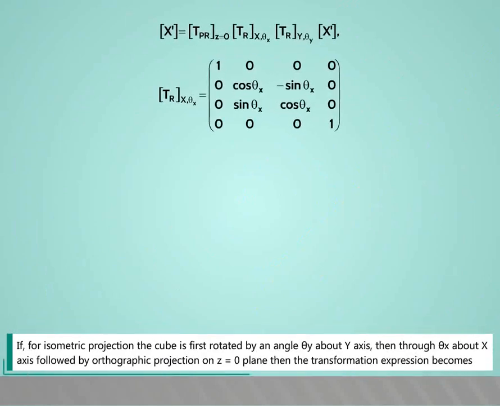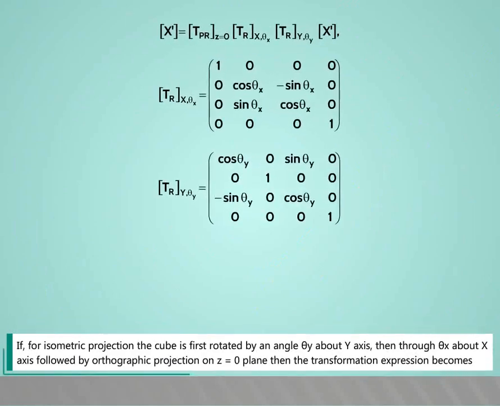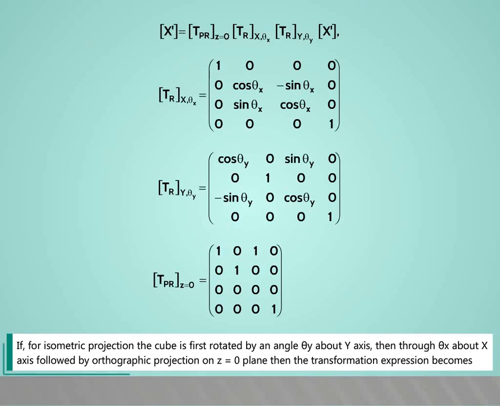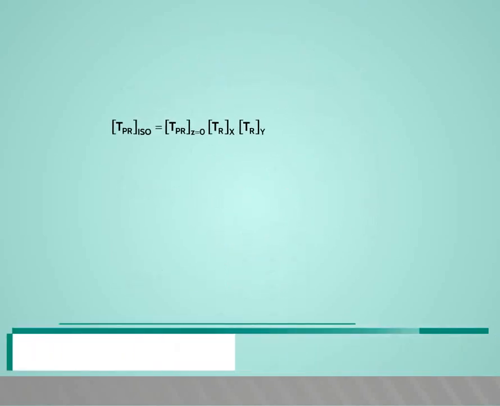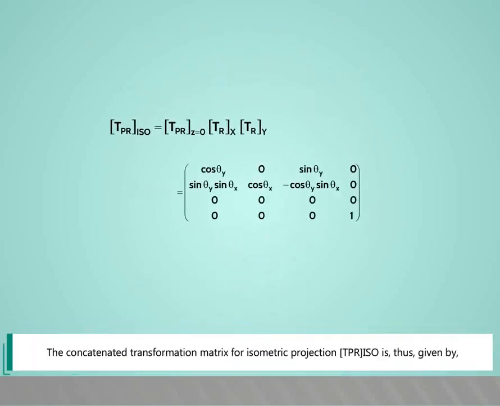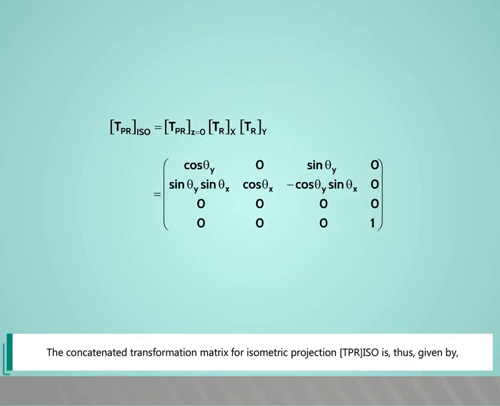If for isometric projection the cube is first rotated by an angle theta y about the y-axis, then through theta x about the x-axis, followed by orthographic projection on the z = 0 plane, then the transformation expression becomes the concatenated transformation matrix for isometric projection.